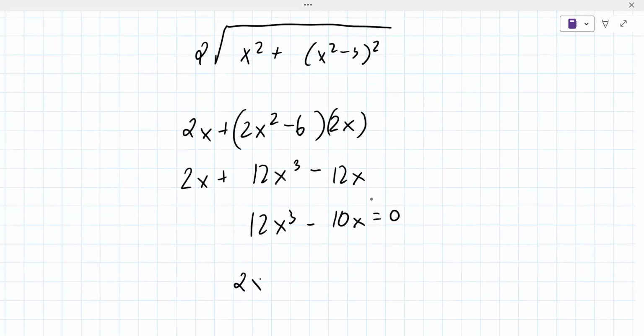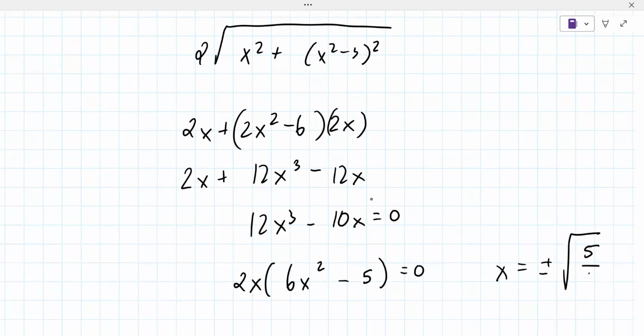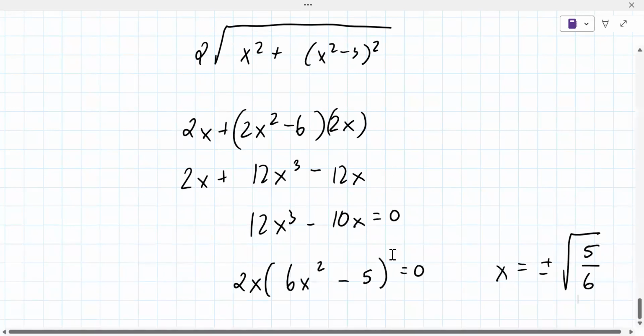You'd factor out a 2x, so you'd get 6x squared minus 5 equals 0. So x equals plus or minus the square root of 5 over 6, it looks like.